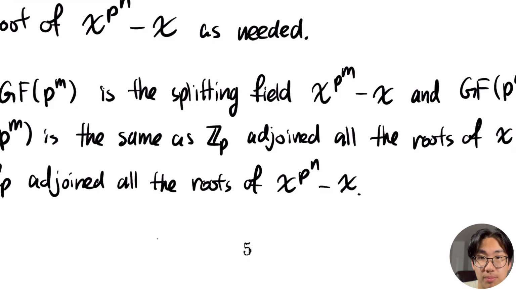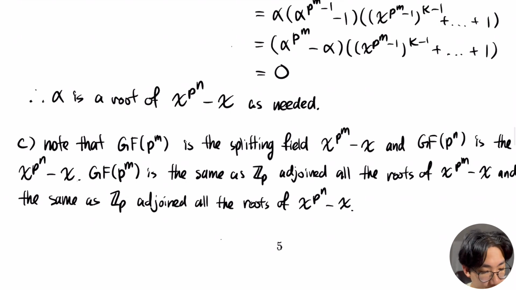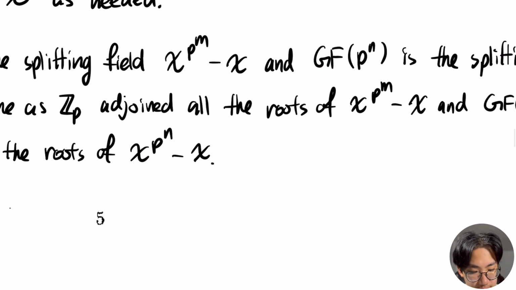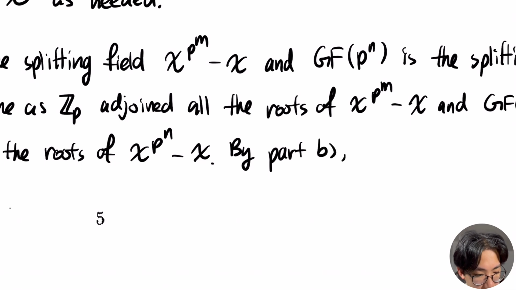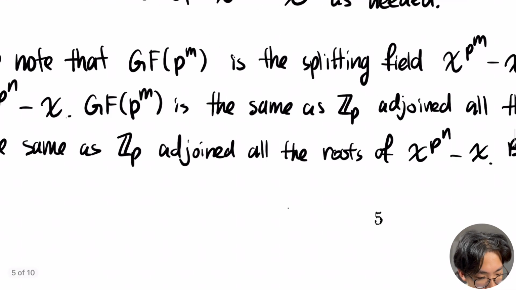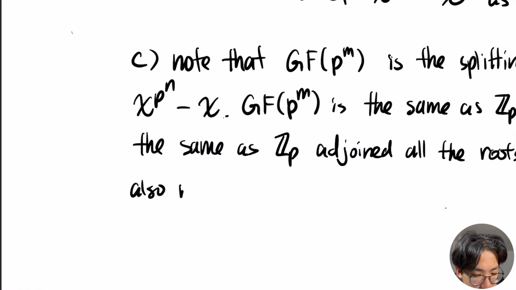But remember, from part B, we have that all of the roots of precisely this polynomial over here are also roots of this polynomial that we have down over here. So by part B, all roots of x to the p to the m minus x are also roots of x to the p to the n minus x.